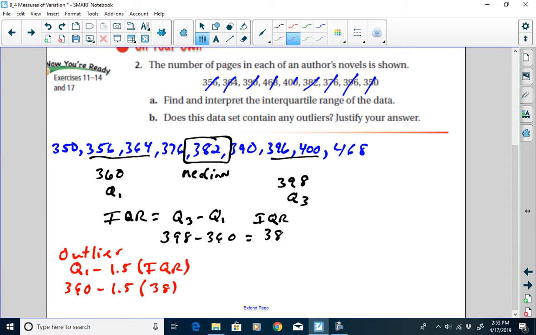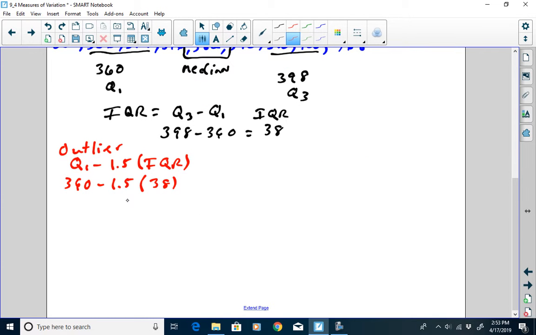With the calculators that we have in class, we have to use our order of operations first because the calculators won't do the order of operations for us. So I have to multiply the 1.5 times the 38. That's going to be 57. So 360 minus 57 gives us 303 as our lower boundary for an outlier.